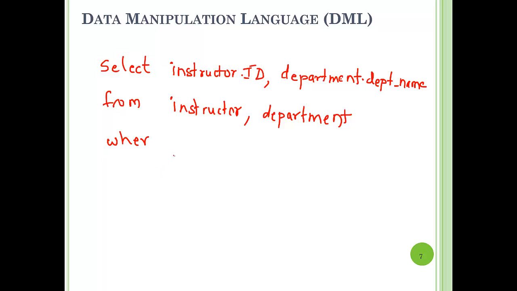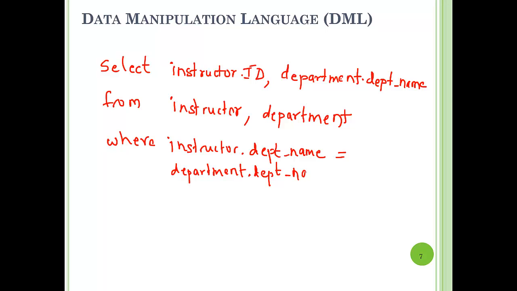So I will match here instructor dot department name is equal to department dot department name. So that's how I will get all the matching departments.